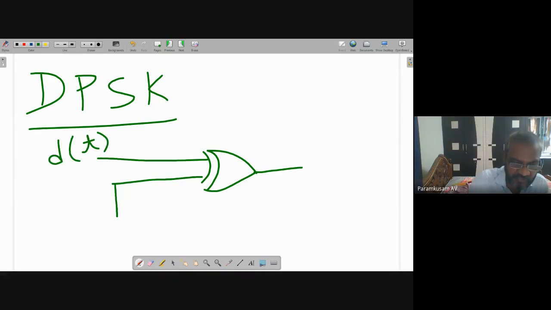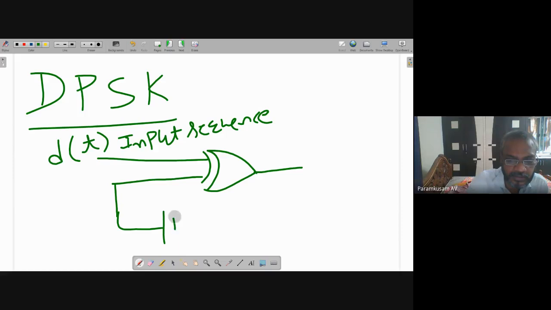This is the D of t, input sequence. Delay of duration TB.